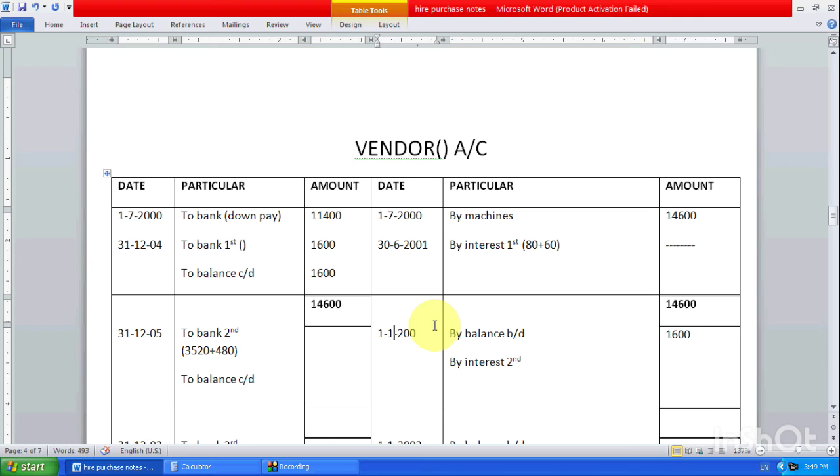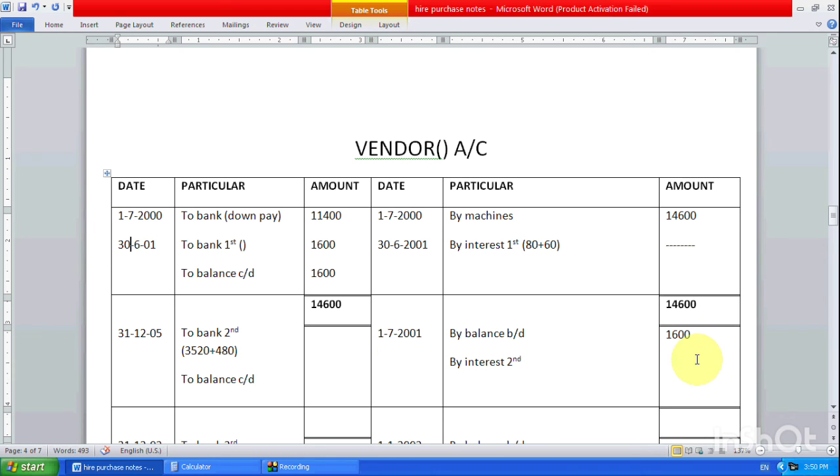Change here 1st July 2001. Here also change 2001. This is 30 June, meaning the installment payment date. Overall we have added 2.